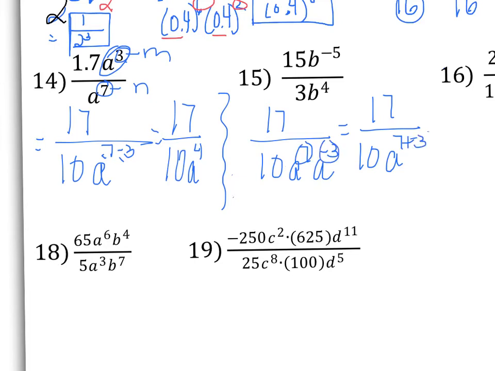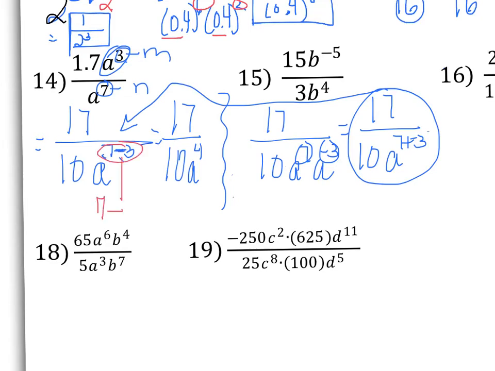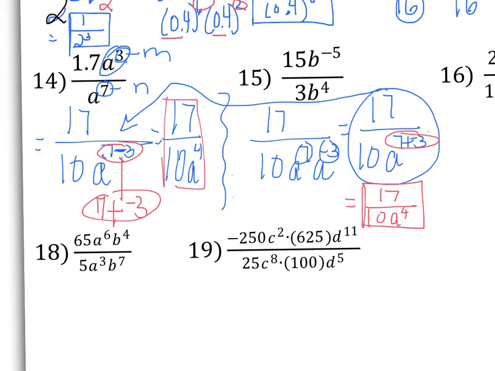This step here is the same as this step. It's 7 minus 3 here, but 7 minus 3 is the same thing as 7 plus negative 3 right here. And then this would equal 17 over 10 a to the 4th power. The same answer.